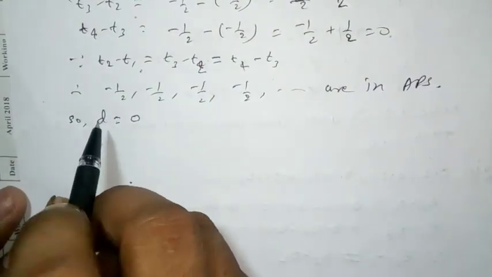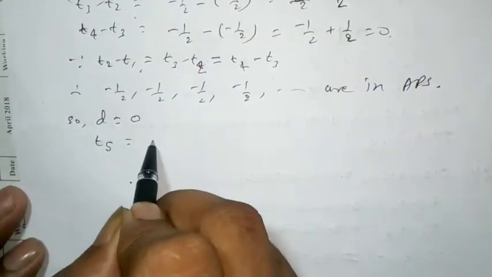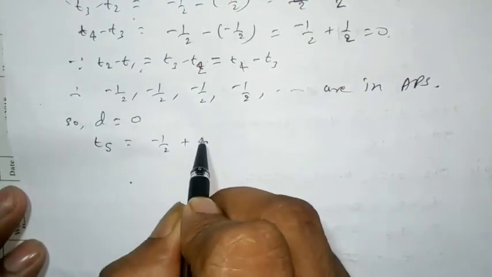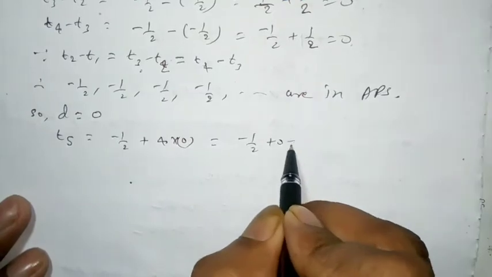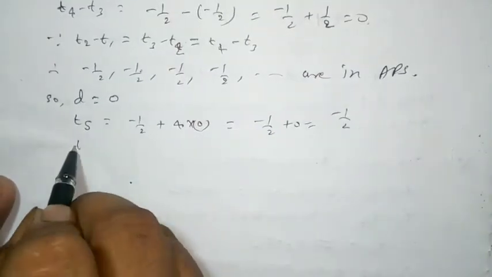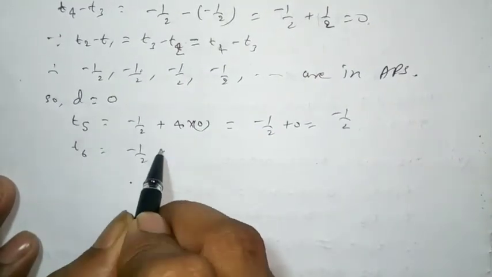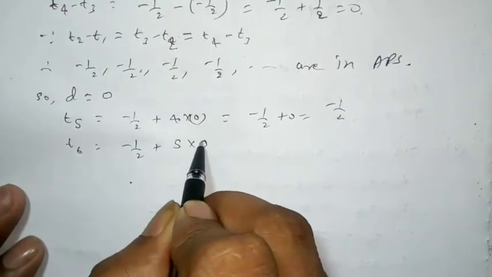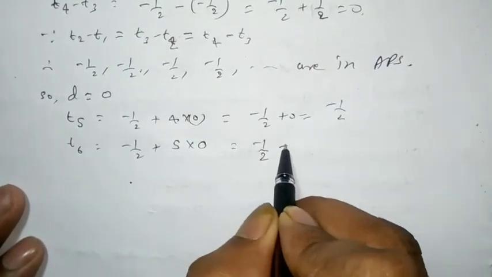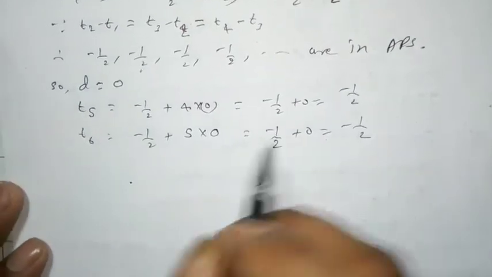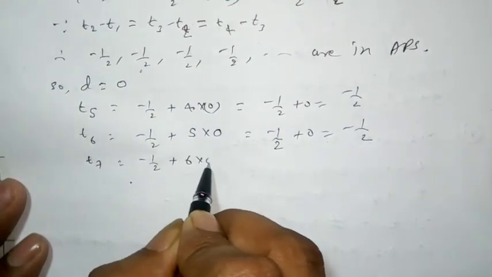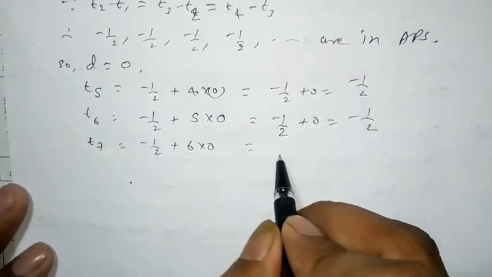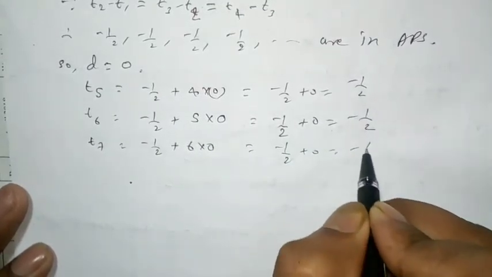Therefore T5 is equal to minus 1 by 2 plus 4 into 0, is equal to minus 1 by 2 plus 0, is equal to minus 1 by 2. T6 is equal to minus 1 by 2 plus 5 into d, is equal to minus 1 by 2 plus 0, is equal to minus 1 by 2. T7 is equal to minus 1 by 2 plus 6 into d, that means 0. Minus 1 by 2 plus 0 is equal to minus 1 by 2.